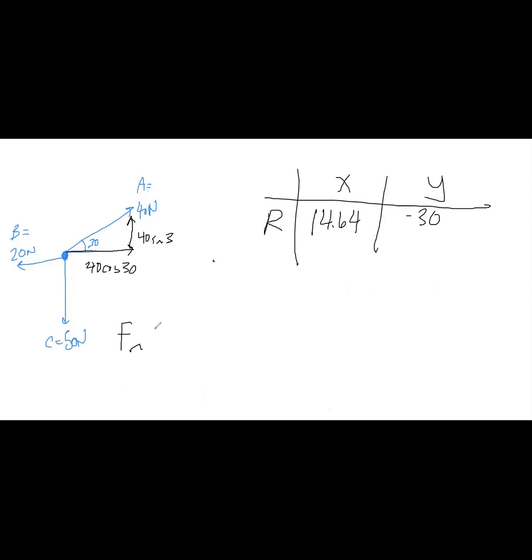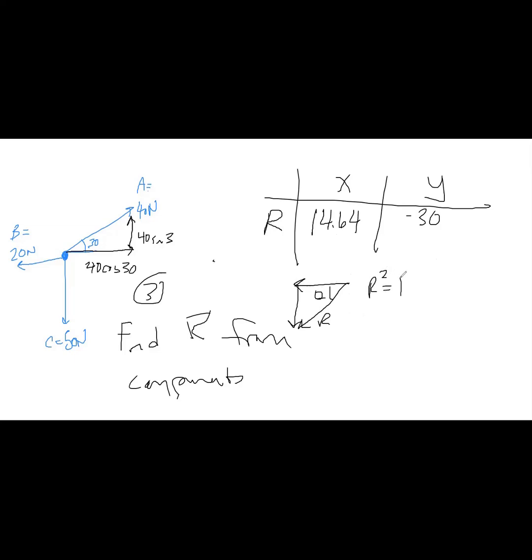Step 3: find R from components. Just like I did before, I draw my force diagram. You can see R is in the third quadrant. R squared equals 14.64 squared plus 30 squared. R is 33.38.